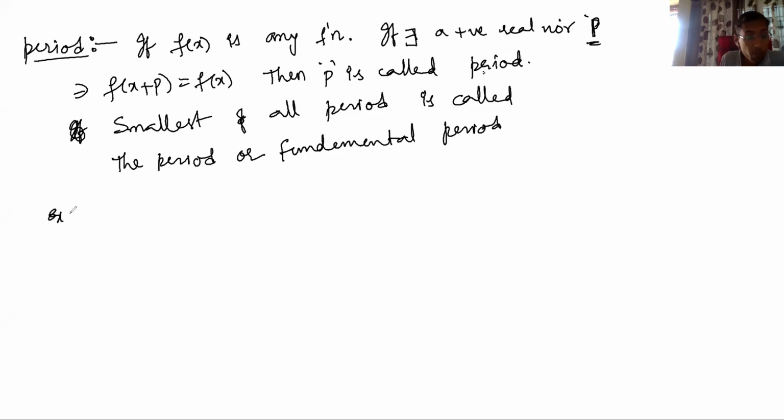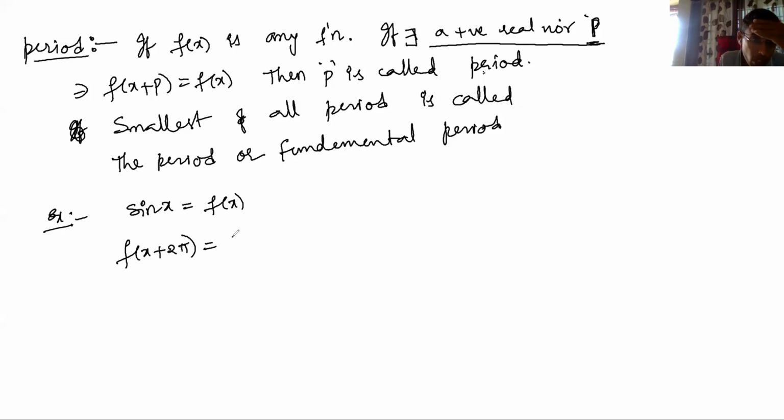So, for example, sine x is a function f of x, and there exists a positive real number p. So here, what I can write is f of x plus p. In the place of p, I am writing 2 pi.